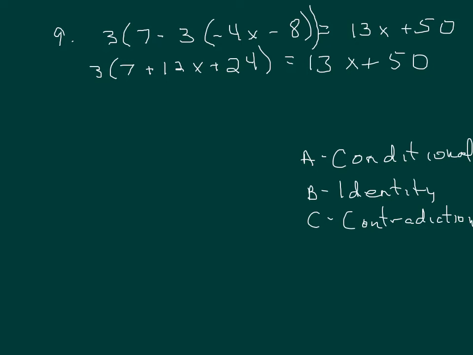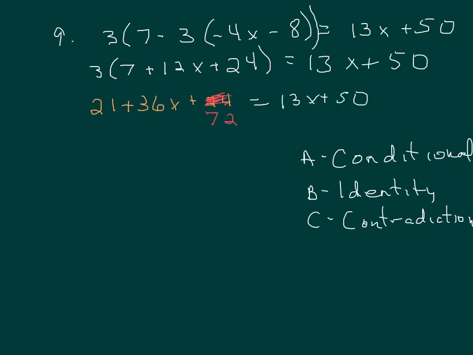Then you said this was equal to 21 plus 36x plus, and then you didn't distribute the 3 to the 24, so you wrote 24. So obviously that's not correct, so let's write what is correct.